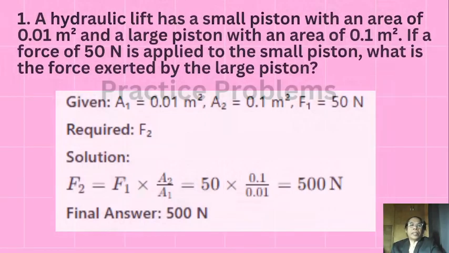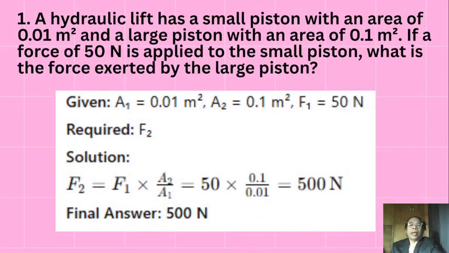Practice problems. A hydraulic lift has a small piston with an area of 0.01 meters squared and a large piston with an area of 0.1 meters squared. If a force of 50 Newton is applied to the small piston, what is the force exerted by the large piston?